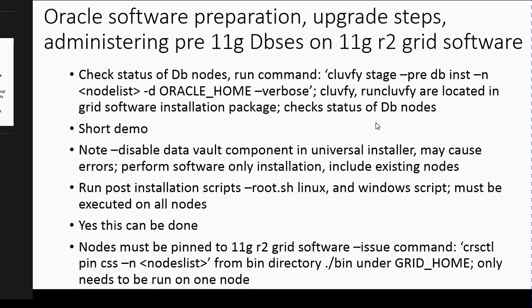That component is called Database Vault. This component has to be disabled before you can complete the database upgrade, so you just have to shut it down. I'm going to give you more details on how to do it in upcoming slides.